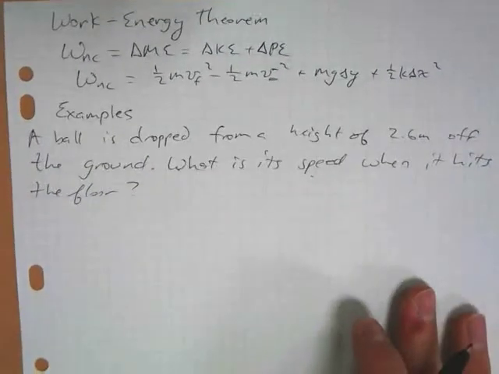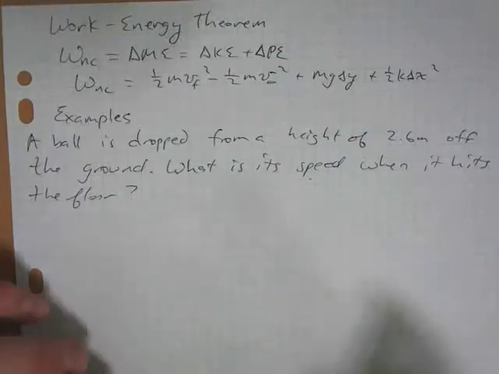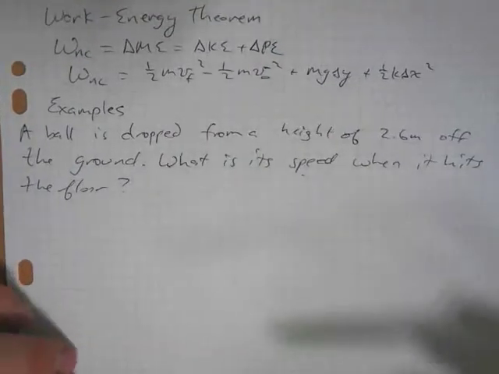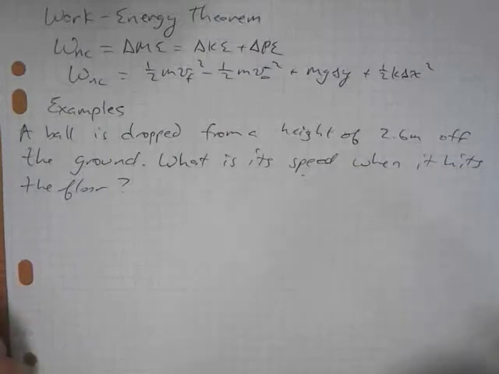Now, this is a problem where we could plug in the acceleration due to gravity and go straight into our time-independent kinematic equation, but we can also solve it using energy.